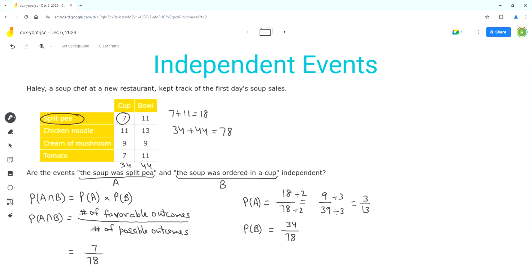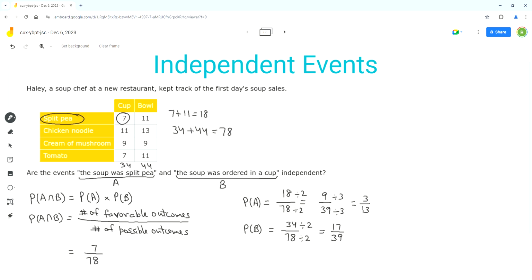Now we can reduce this fraction. We can divide the numerator and the denominator by 2. I get 17 over 39.